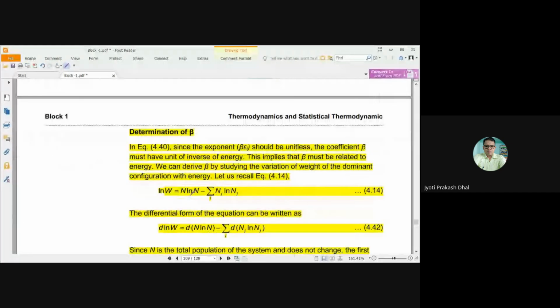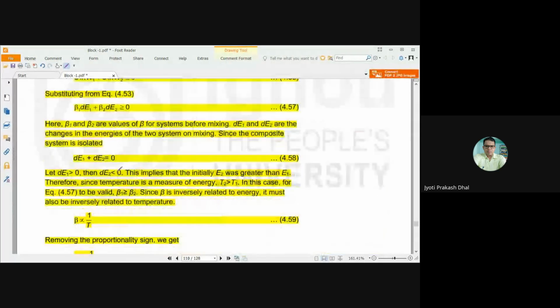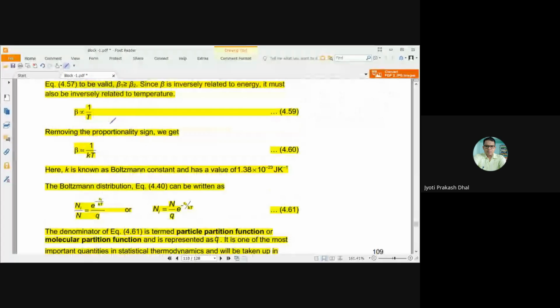In a similar way, we can find the value of beta. Small k is called the Boltzmann constant, having the value 1.38 into 10 to the power minus 23 joule per Kelvin.